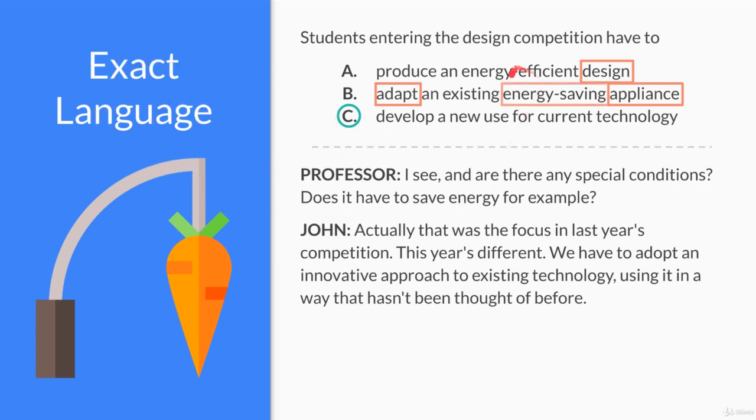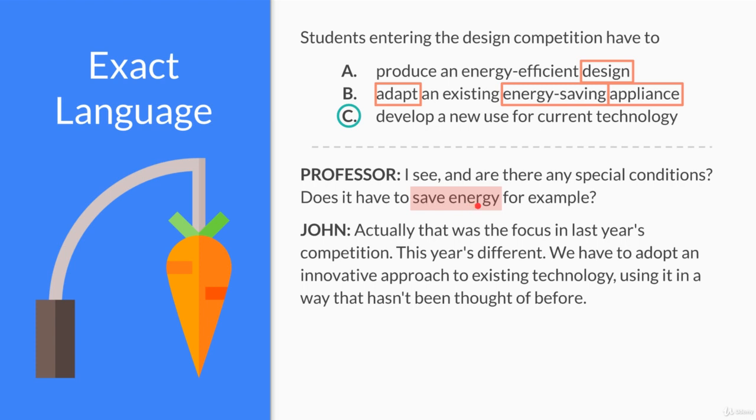For example, here we have the word energy saving, and right here, you see that we have the words save energy. So the exact language trap could also appear as synonym. So here, instead of saying energy saving, they are still trying to trick you by saying save energy.